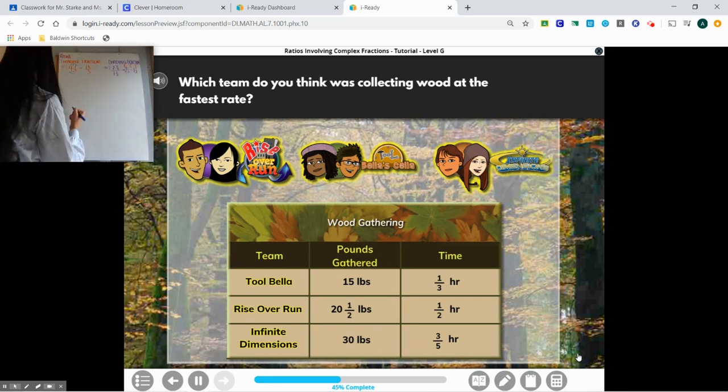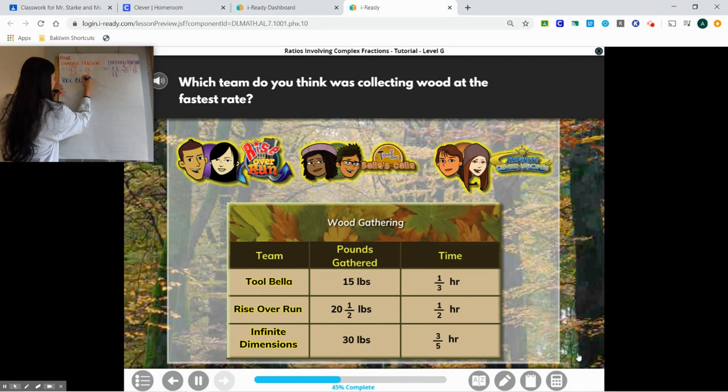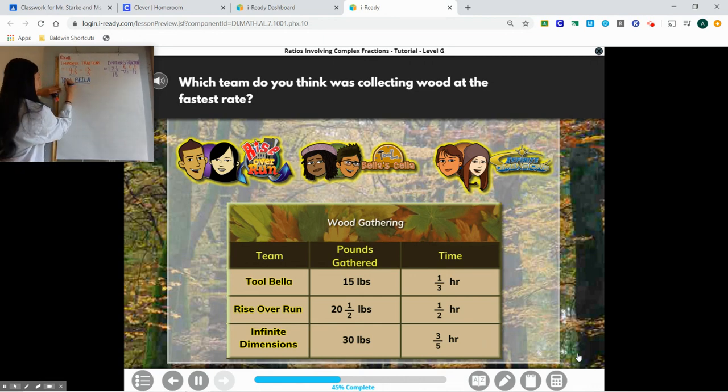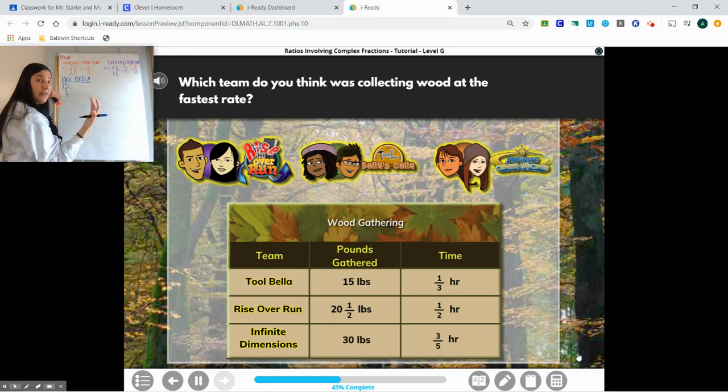ready to go. So we have Tool Bella as 15 divided by 1/3. Now, we can either multiply by the reciprocal, which might be a little faster, or we can divide the fraction, but we'd have to do keep, change, flip. Let's multiply by the reciprocal.